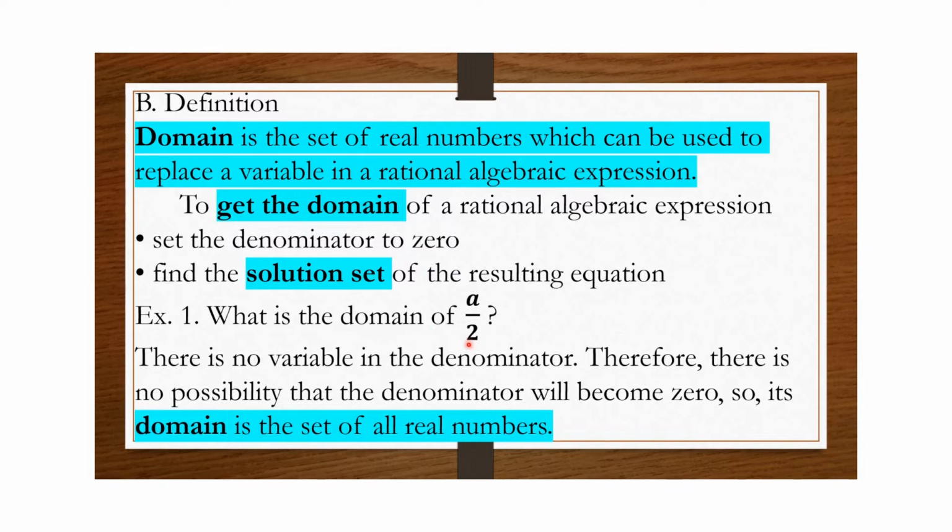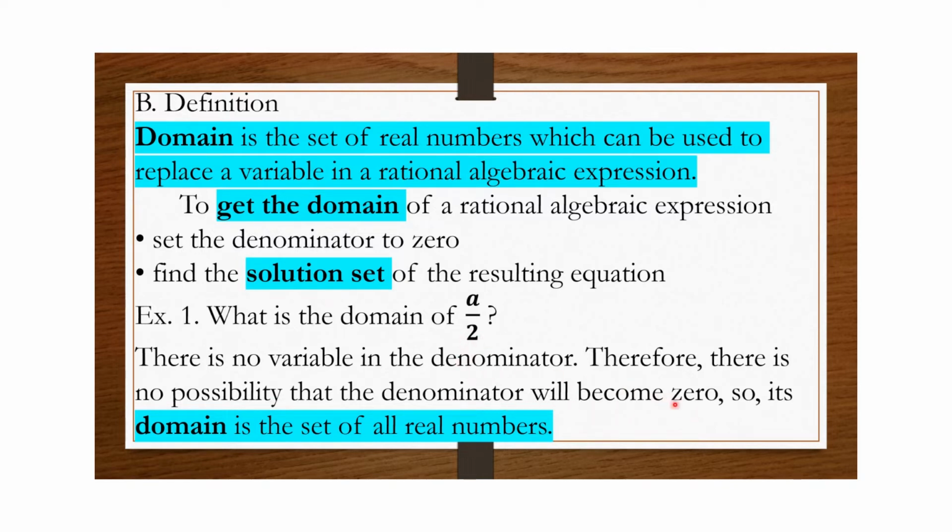In this example, there is no variable in the denominator. 2 kasi yung denominator natin. It's a number, it's a constant. So, hindi pwedeng maging 0 yan. Therefore, there is no possibility that the denominator will become 0 because it is 2.